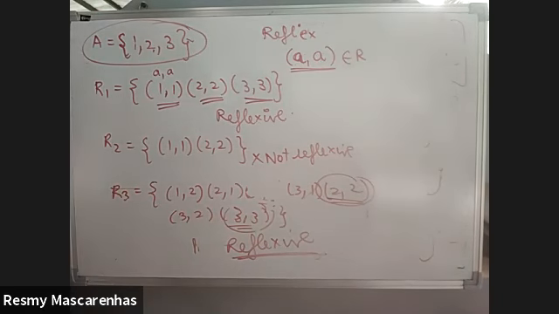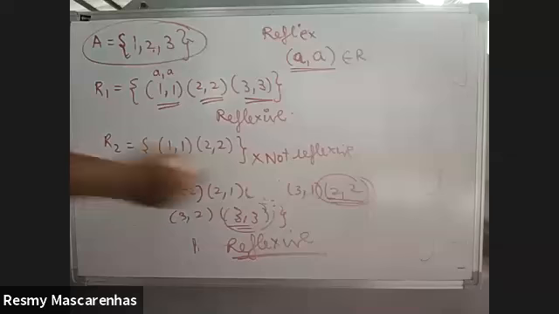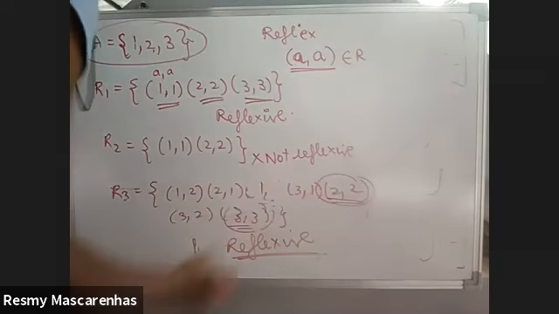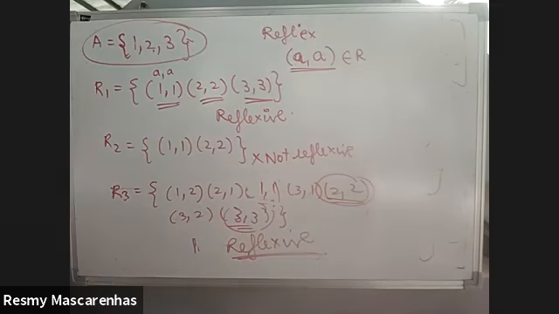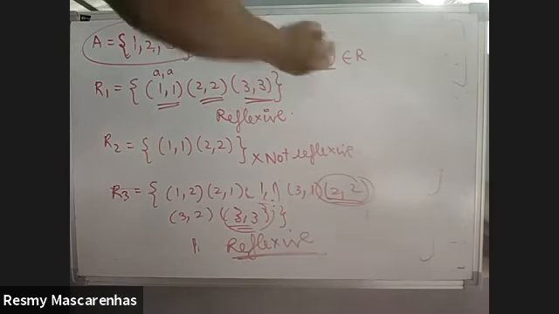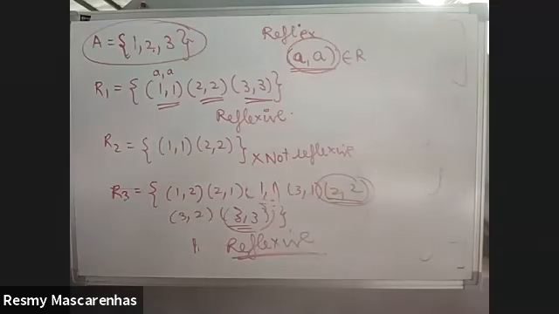Then it will not be reflexive. So this is the condition for reflexive. A comma A means pairs with itself should be present.